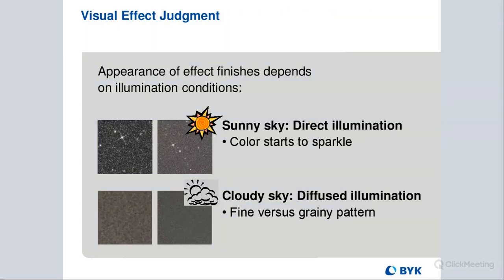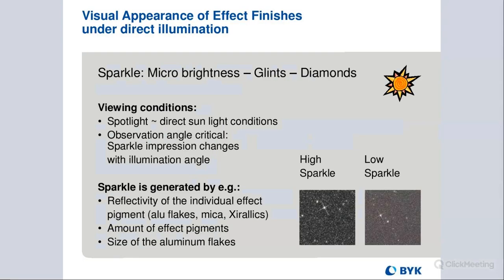So for the sparkle and graininess, sparkle is for sunny skies or direct illumination, and graininess is under cloudy skies or diffuse illumination. For sparkle, you need a spotlight to see the sparkle on the vehicle.